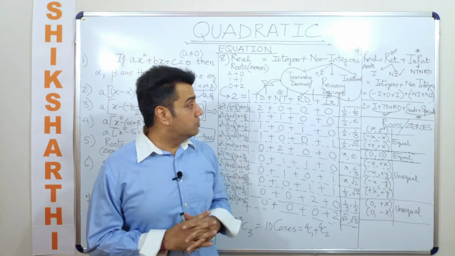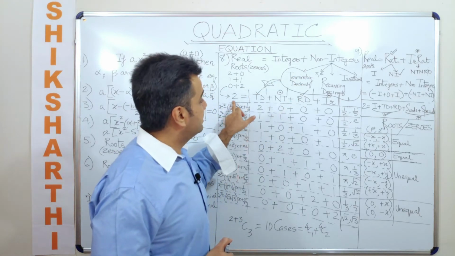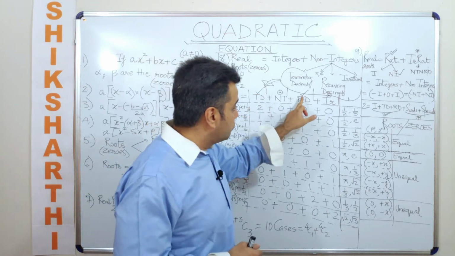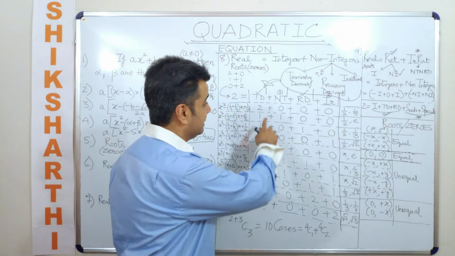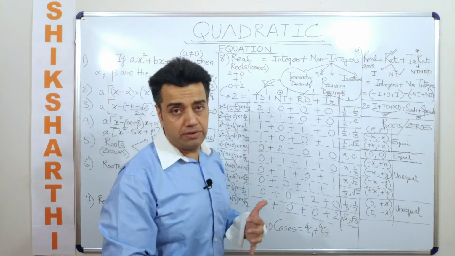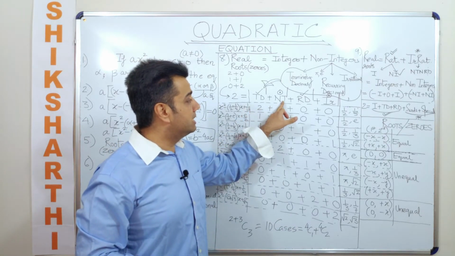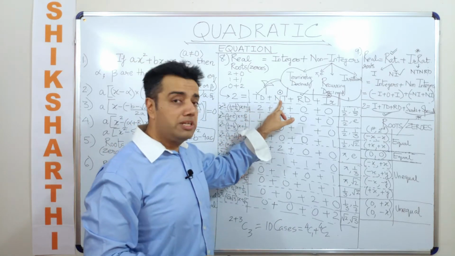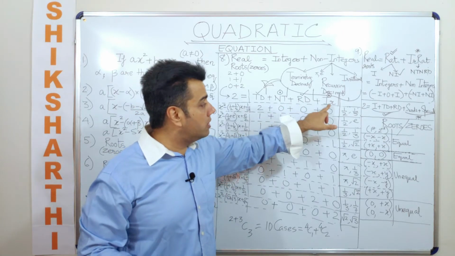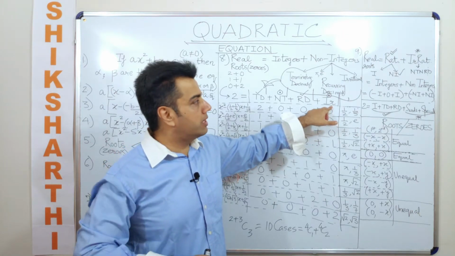Now when I have 2 non-integer roots, all I need to understand is that these 2 non-integer roots can be formed out of these 4 categories: a terminating decimal, a recurring decimal, a non-terminating and non-recurring decimal, or roots, which are known as surds.